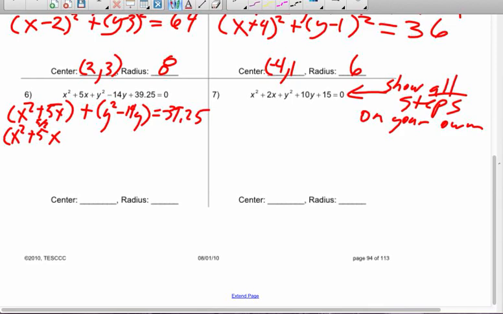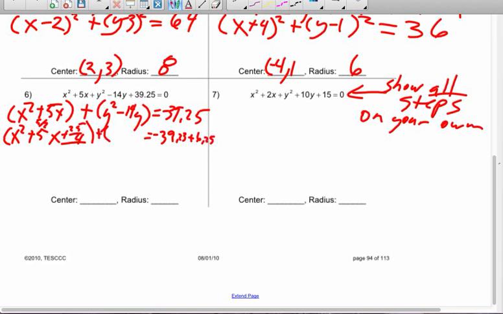So that's going to give me 25 fourths. Square both top and bottom. So I've got a negative 39.25 plus, and 25 fourths is 6 1/4, 6.25.